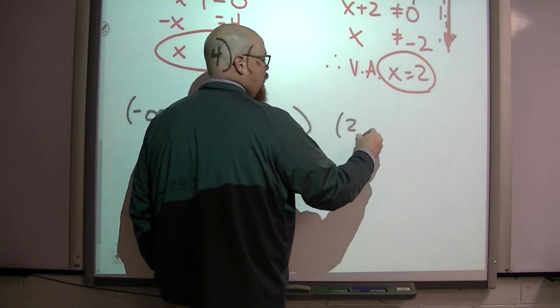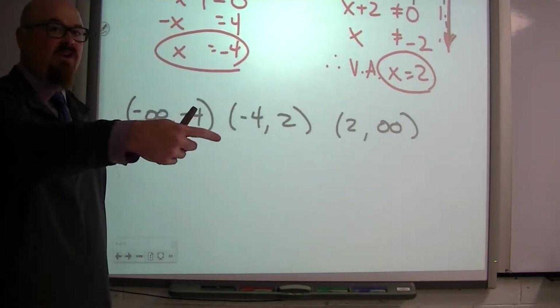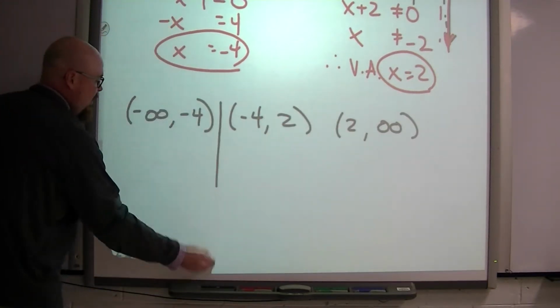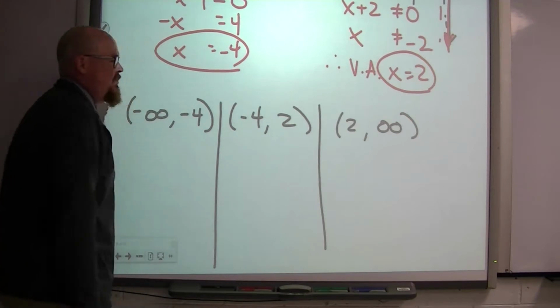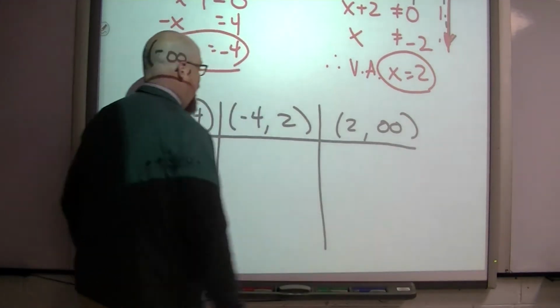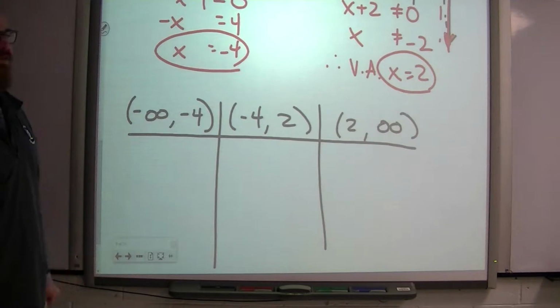Then I pick up at 2 and go until I get to another point, which I don't have any other points. No more zeros, no more asymptotes, so these are the only 3 intervals that I'm going to look at. And then I'm going to test values in each one of these, okay? Because any point that falls within this interval is either above or below the x-axis, right?